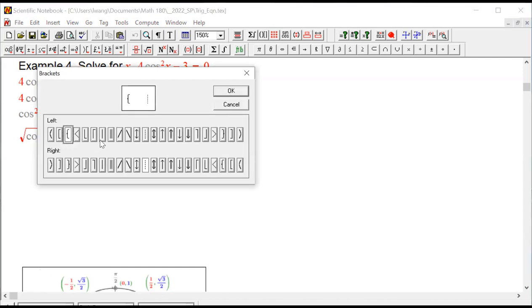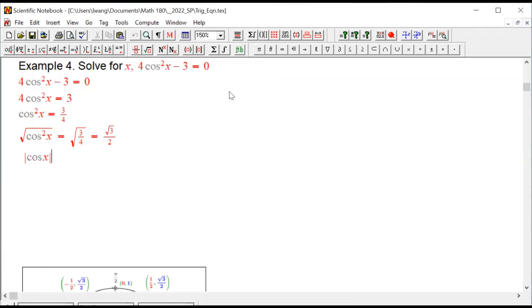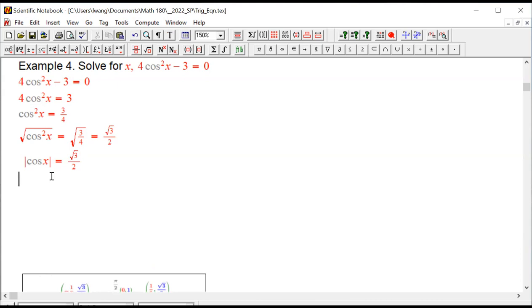It's absolute value of cosine x equals to root 3 over 2. And this obviously is a bit more complicated. And now cosine x will be equal to plus or minus root 3 over 2.